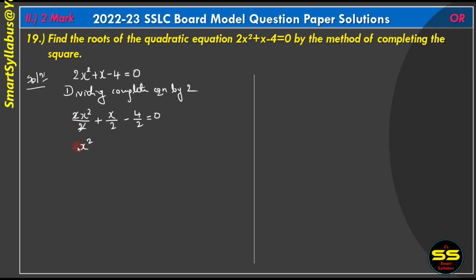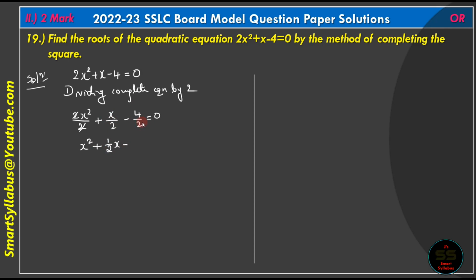Now the x square is not having its coefficient. Of course there is a 1 as a coefficient, but not more than 1. Now plus this is x by 2. So what I suggest is just write it like this. So here in the numerator nothing means there is 1. So 1 upon 2, we write the x like this, minus. If we can divide, just go for that. Yes, we can divide 2 ones are 2, so we get 2 is equal to 0.